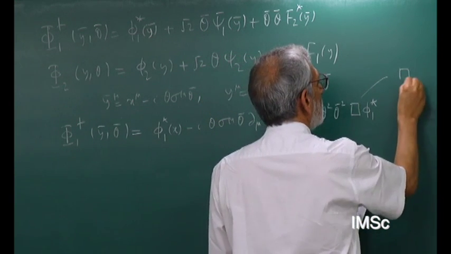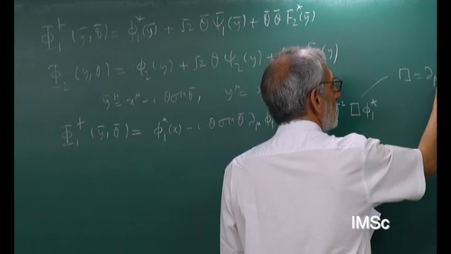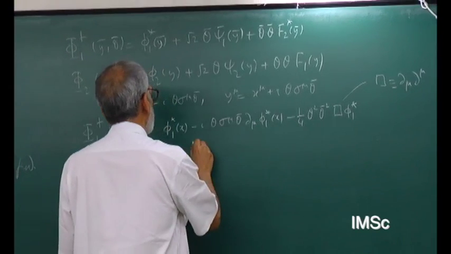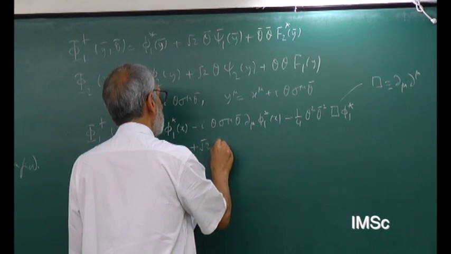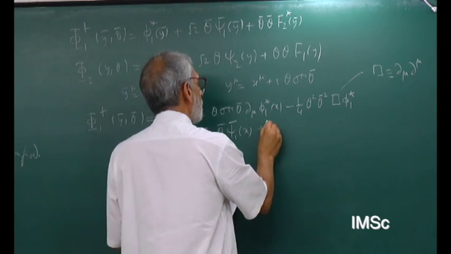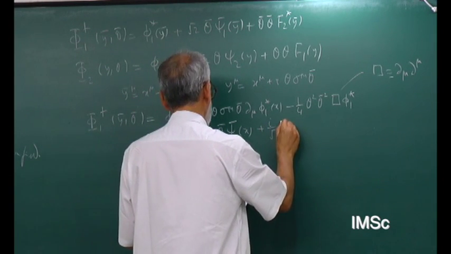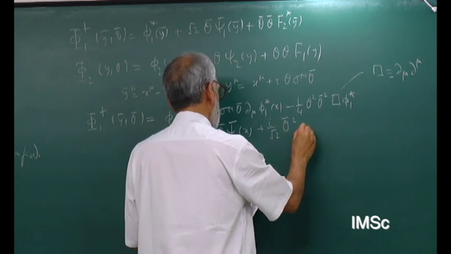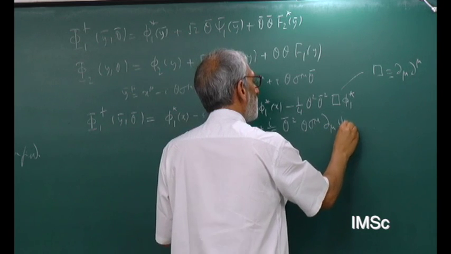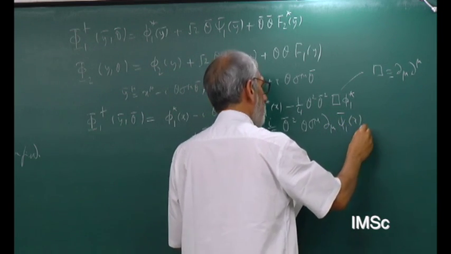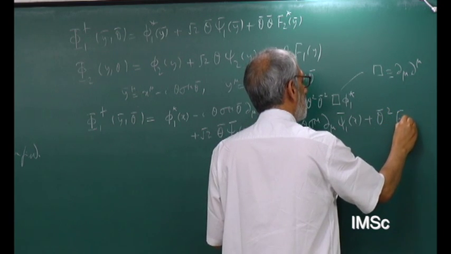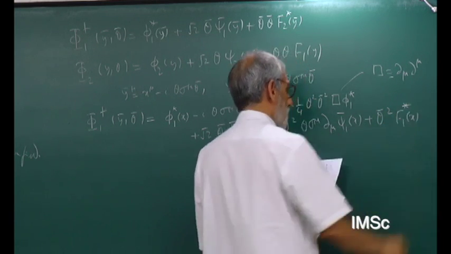where box is the shorthand for d mu d mu, plus root 2 theta bar psi 1 bar of x plus i by root 2 theta bar square theta bar sigma bar d mu psi 1 bar of x plus theta bar square F1 star of x.